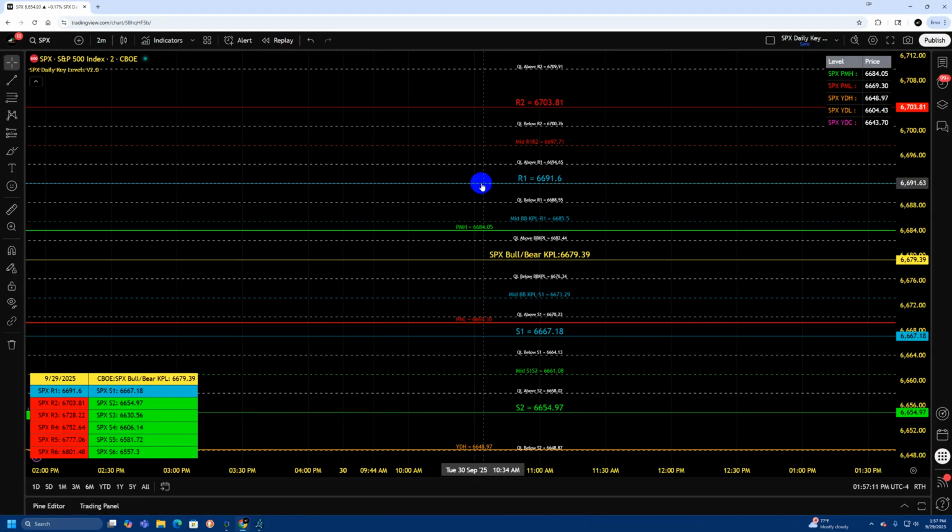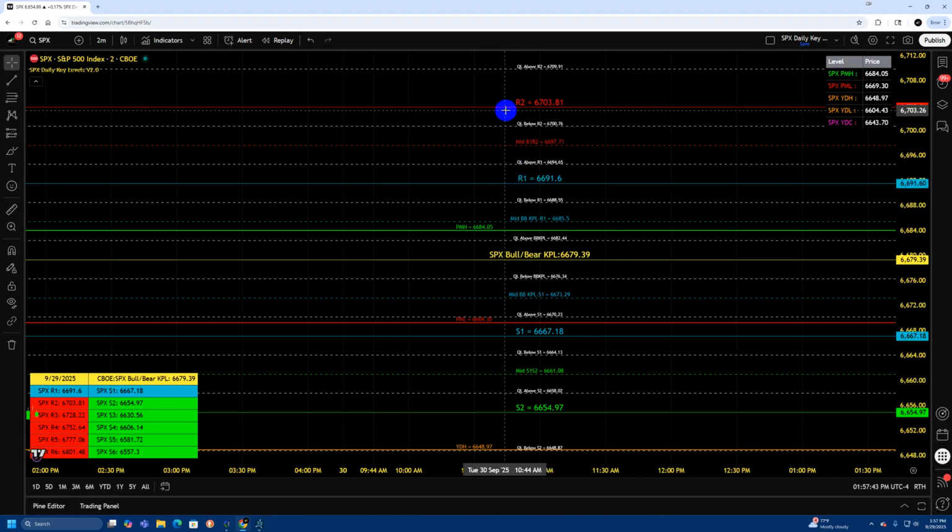So on R1, if we were taking a bullish trade off a breakout above R1, then our tight stop loss is the QL below R1, because that's the level we're taking the trade from. And our standard stop loss, if we choose that instead, is the mid BB-KPL R1, because that's the first midpoint below the level we're taking the bullish trade from, R1.